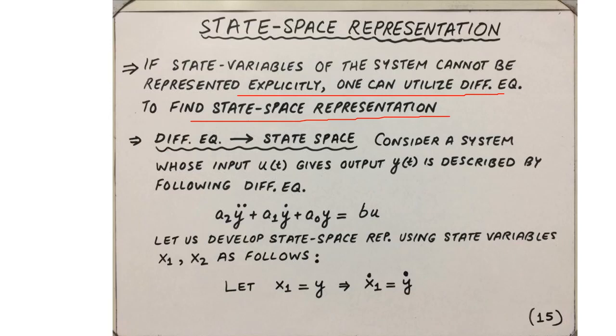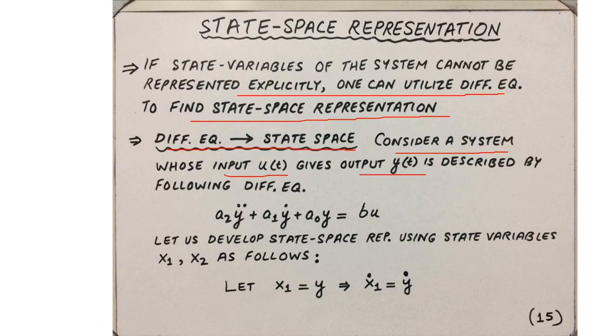So going from differential equation to the state space representation, let us consider an example of a system whose input is u and the output is y. Again, these are time dependent quantities, so I've shown those with the help of parentheses containing the time variable t.